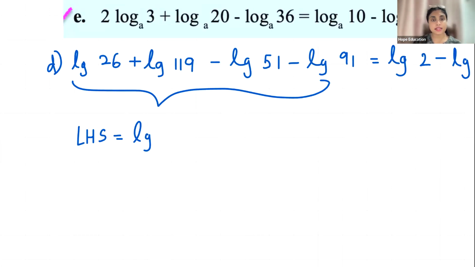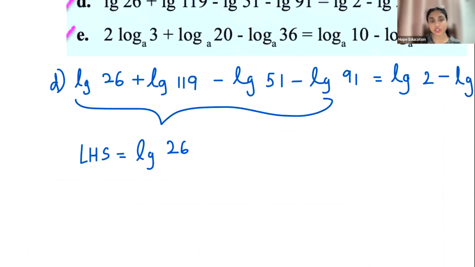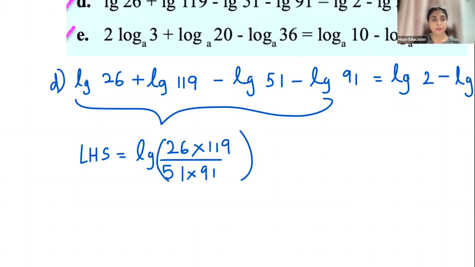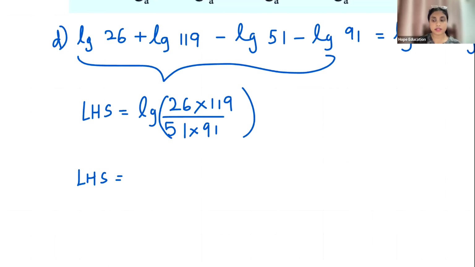So 26 plus 119, addition in logarithms is multiplication. So multiplication 119. Then subtraction in logarithms is division. So division 51. This is also subtraction, so that is also a division. So this is the left-hand side, right?